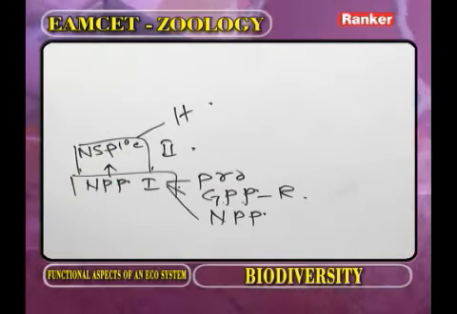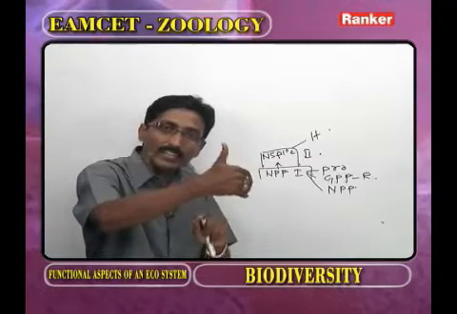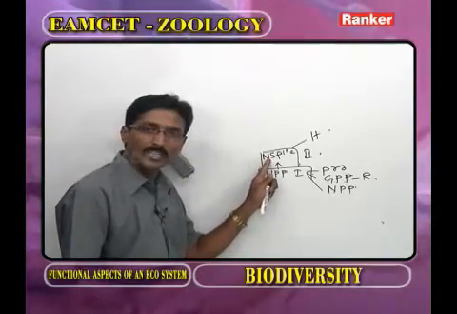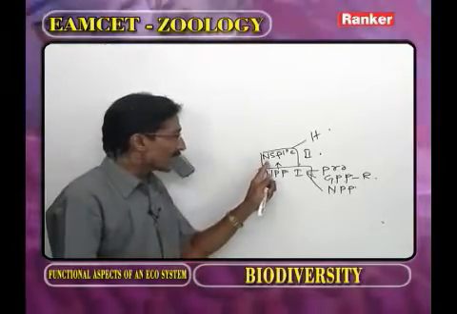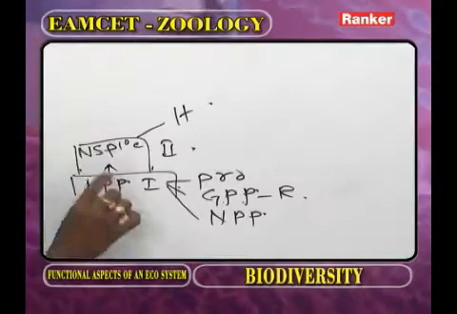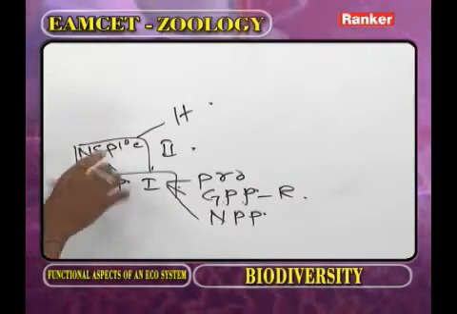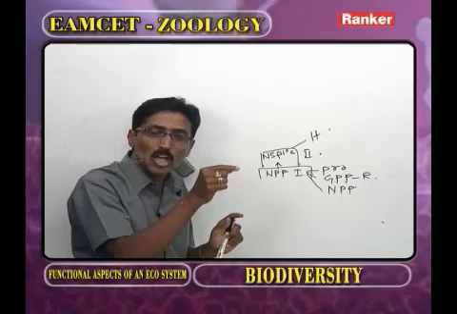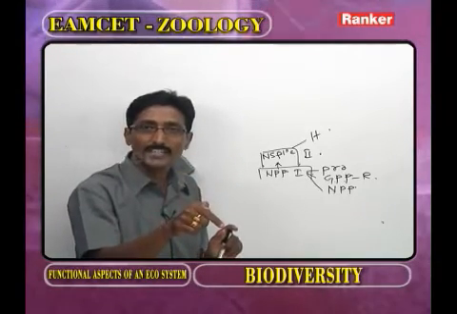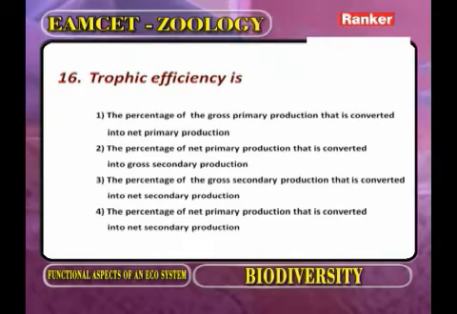In the herbivore body, finally such NPP is converted into what type of productivity? NSP, net secondary productivity. So the NPP is converted into NSP, and that is the trophic efficiency of the herbivore. Based on this information, what is the correct option? The fourth one.